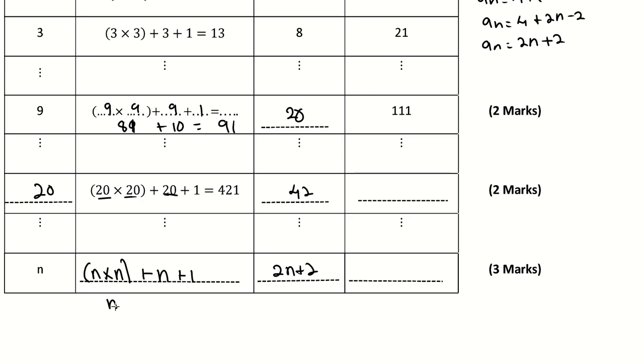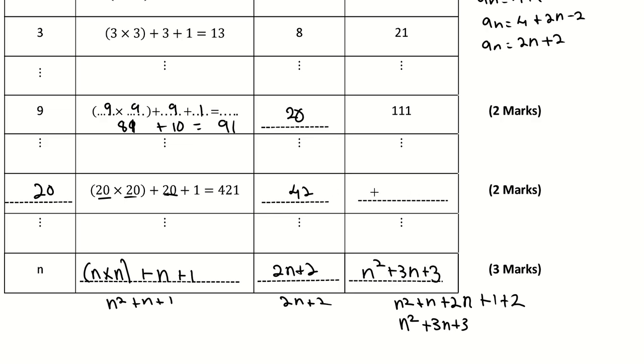So n by n is n squared plus n plus 1. And this is 2n plus 2. So the total number would be n squared plus n plus 2n plus 1 plus 2. I already grouped like terms, right? I have n squared, then n plus 2n, then plus 1 plus 2, which is n squared plus 3n plus 3. Do you understand how I got this formula for this, guys?